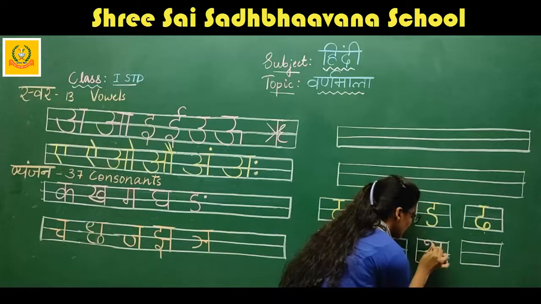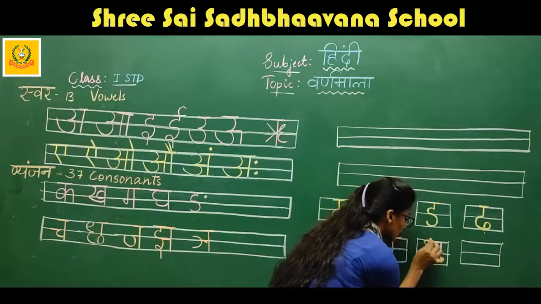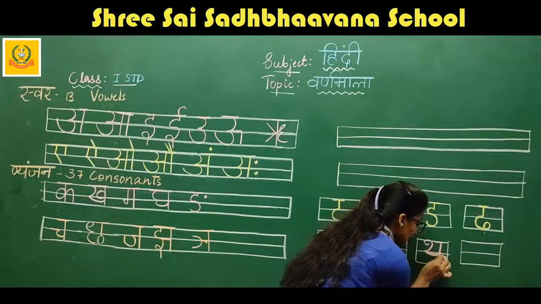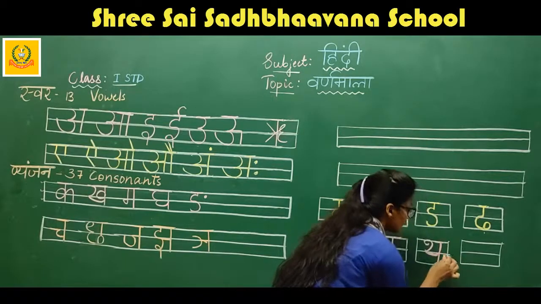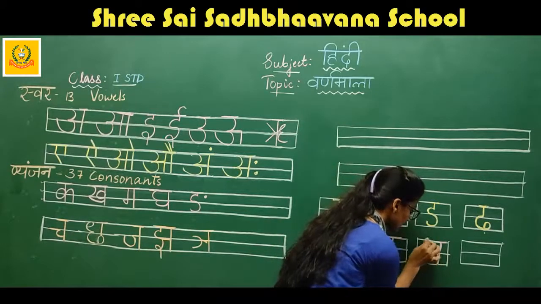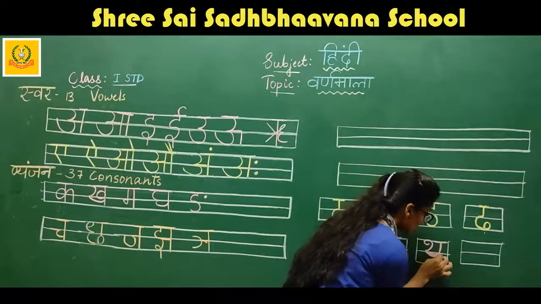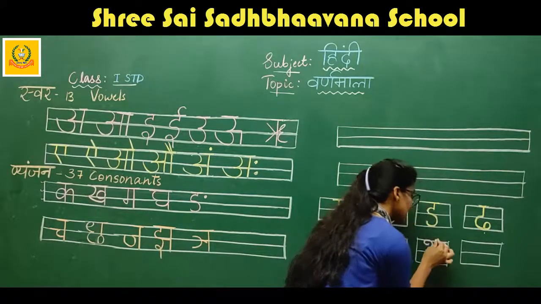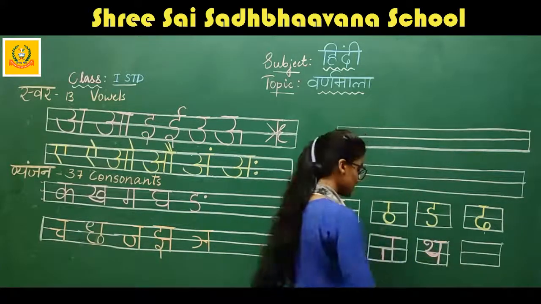One comma like this, drag it down, and one standing line and sleeping line, comma, small curve, standing line and sleeping line.